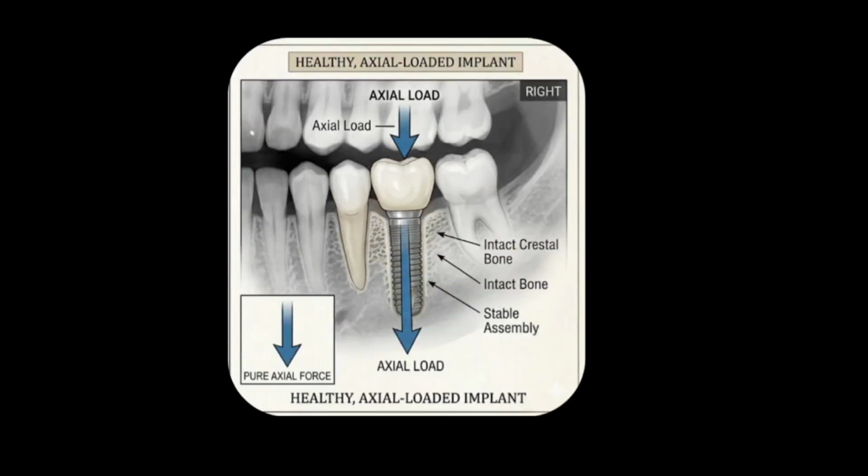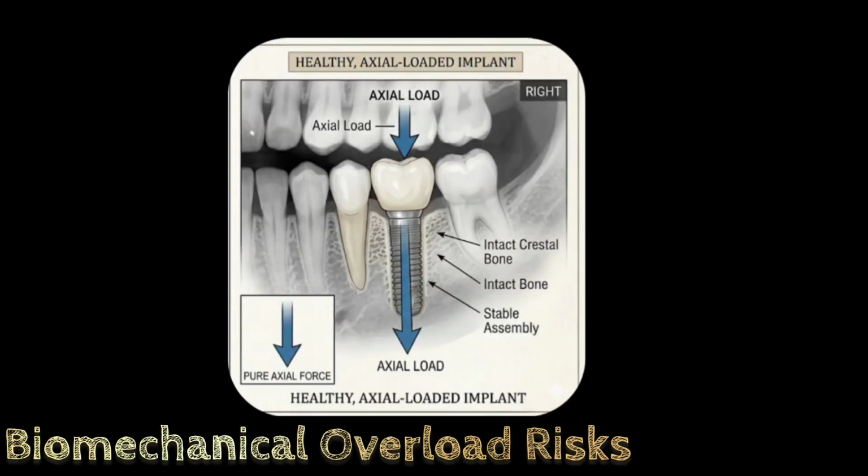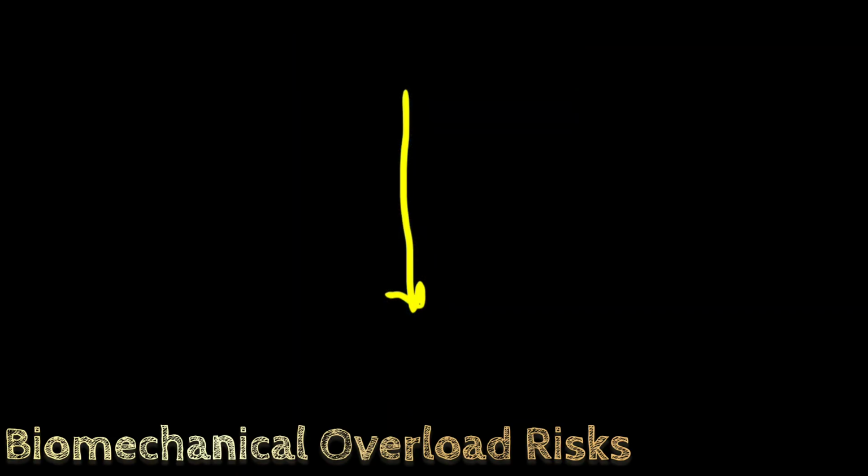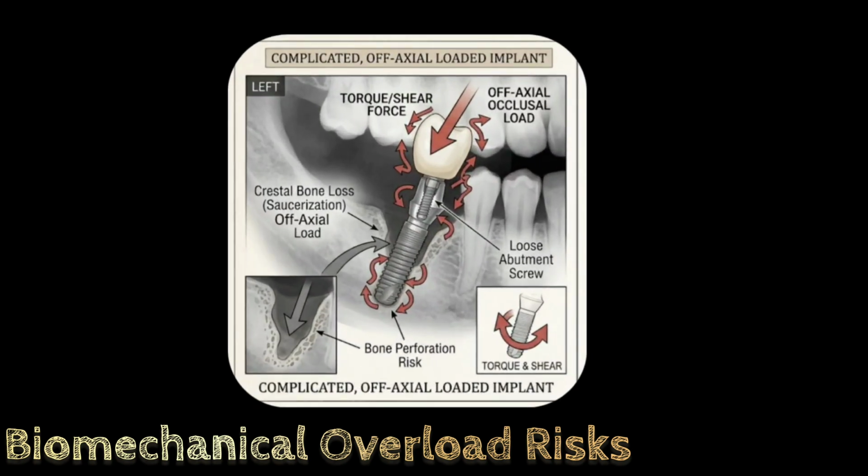The axial load is always favorable for the long-term success and clinical longevity of the implant prosthesis. As and when the implant inclination is changed, the axial load becomes non-axial and clinical consequences pursue.